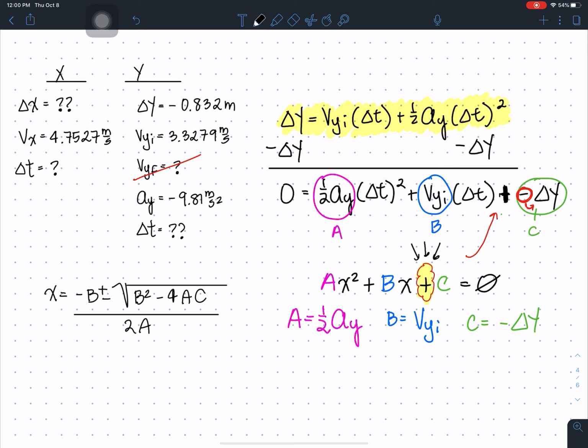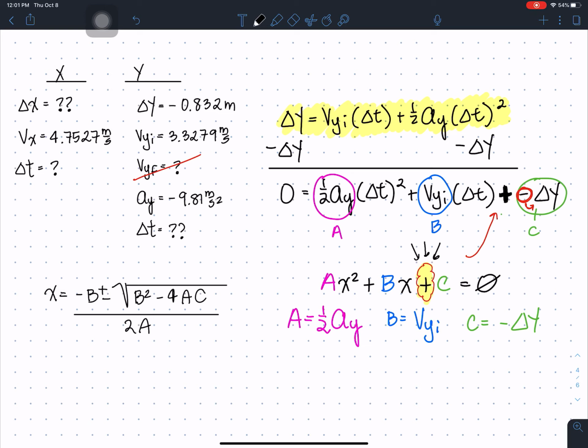In order to use the quadratic equation, the equation has to be in standard form, which says that it has to be ax squared plus bx plus c. So we need to make sure that the negative sign always follows or is included with the delta y term. Otherwise, you cannot use the quadratic formula.